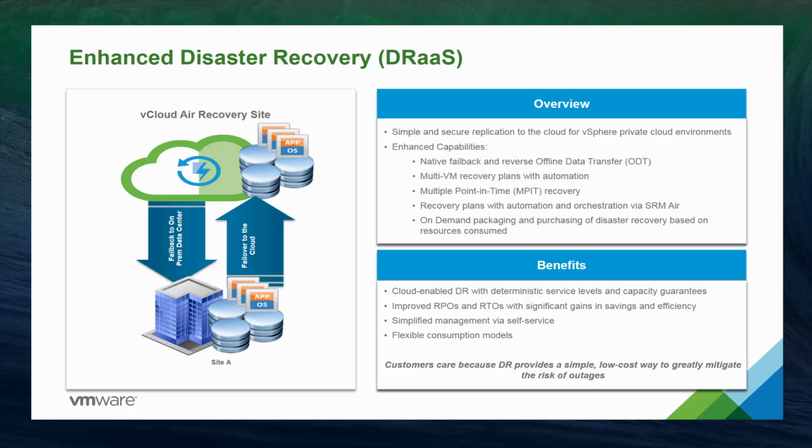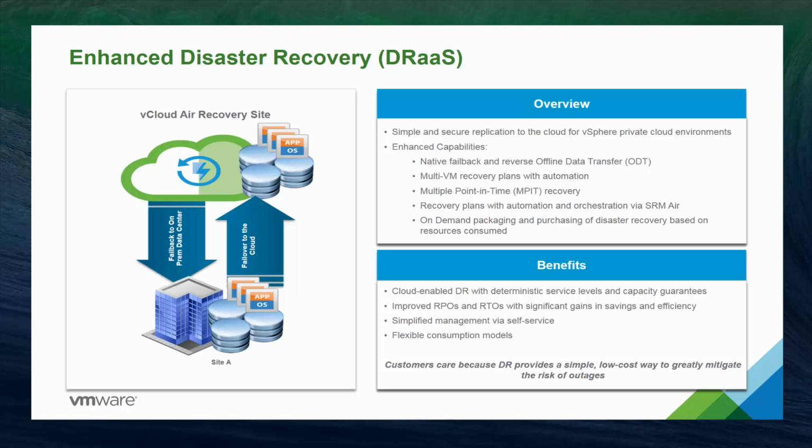We've improved the recovery point objectives, or RPO, and the recovery time objectives, or RTOs, with significant gains in savings and efficiency. We also have added the ability to automate failover and failback functions using the vRealize Orchestrator workflows, and that has been added and is one of the most widely anticipated updates by our customers in regards to functionality for the DR as a service offering.